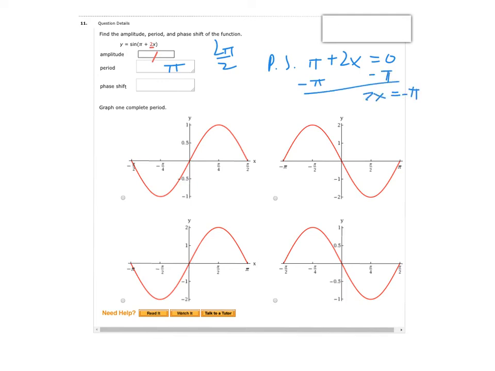So 2x equals negative pi, divide that by 2, and so x equals negative pi over 2. So we know our sine graph, usually it's a positive sine, starts right there and goes like that, but it's got to be moved to the left by pi over 2. And so it should be starting at that midpoint, going up at negative pi over 2 like this one right there. So that's this.